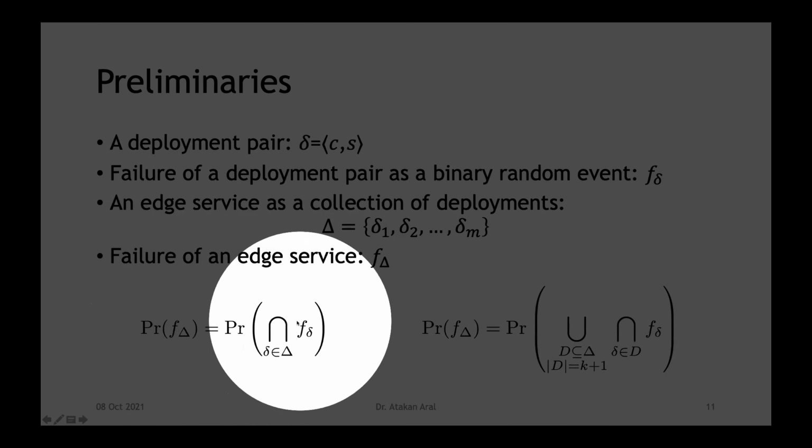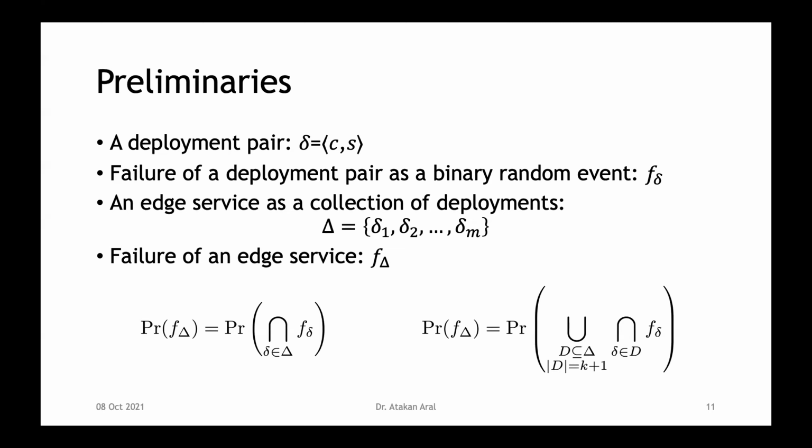Of course, this is quite a simplification, but we could also have a more realistic type of replication called load sharing. In load sharing, all deployments are active all the time, and they share the workload, and the service is available as long as N deployments out of M are active. Or in other words, if you define a parameter K, which is M minus N, you can tolerate K failures.